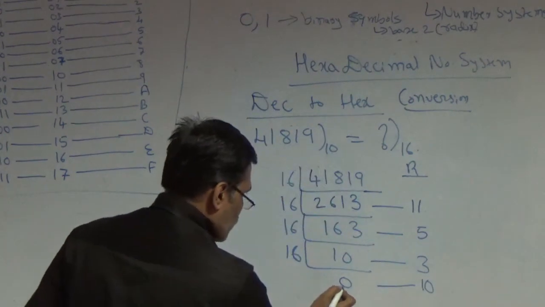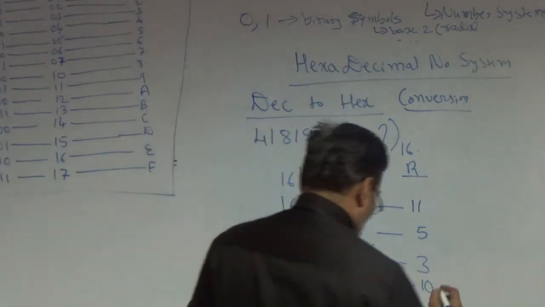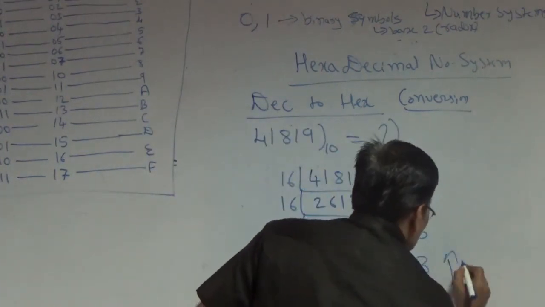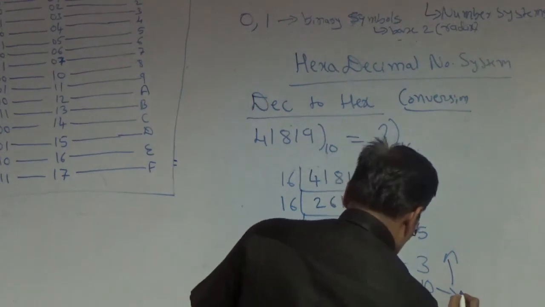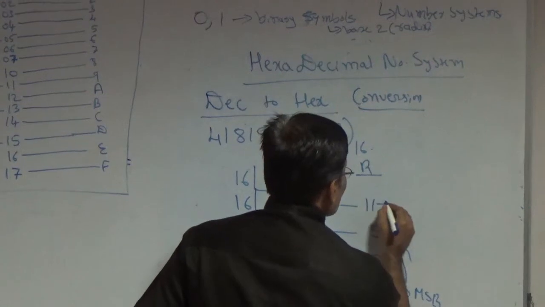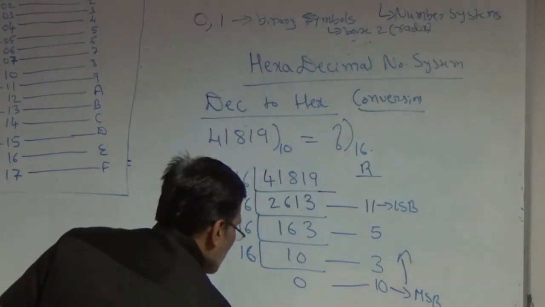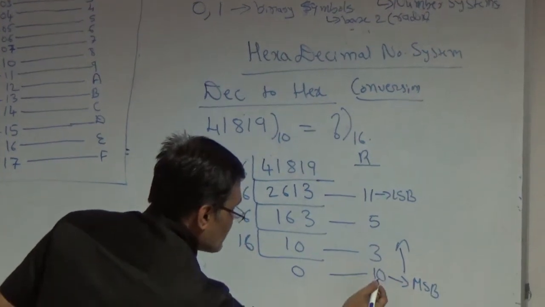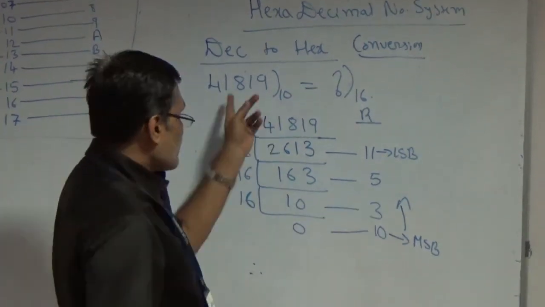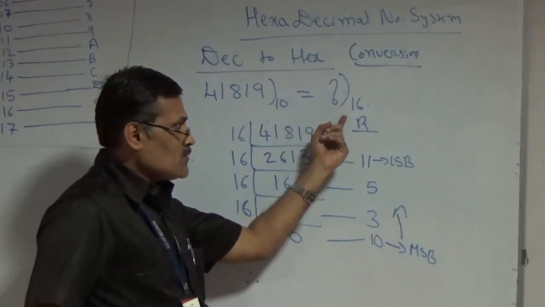Now the quotient has become 0. Again this is our MSB, most significant bit, and this is our LSB. So therefore our answer is 10, represented in the hexadecimal number system.